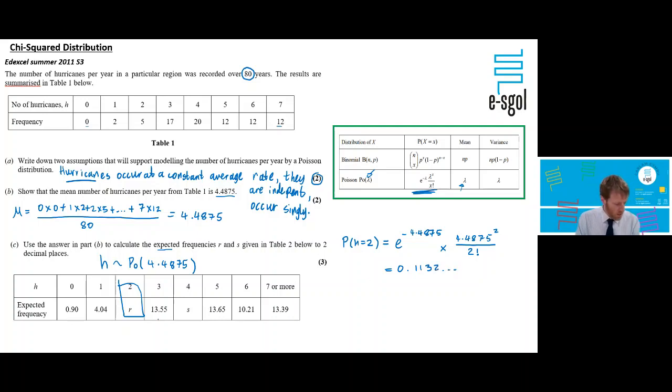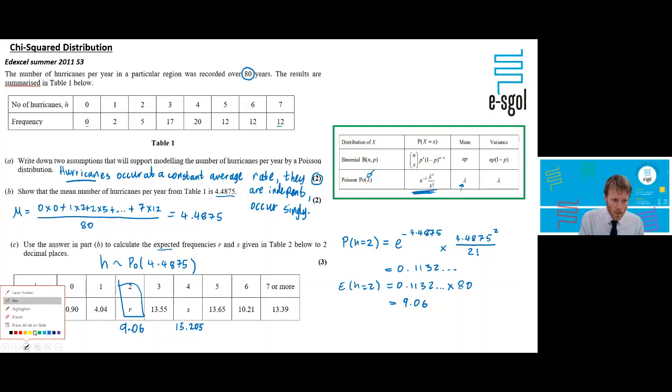That's a probability. That's not the actual expected number of outcomes. So the expected number is 0.1132 times the number of years, 80 years. That gives us 9.06. So here, that's 9.06. If you do the calculation for 5, we get 15.205.